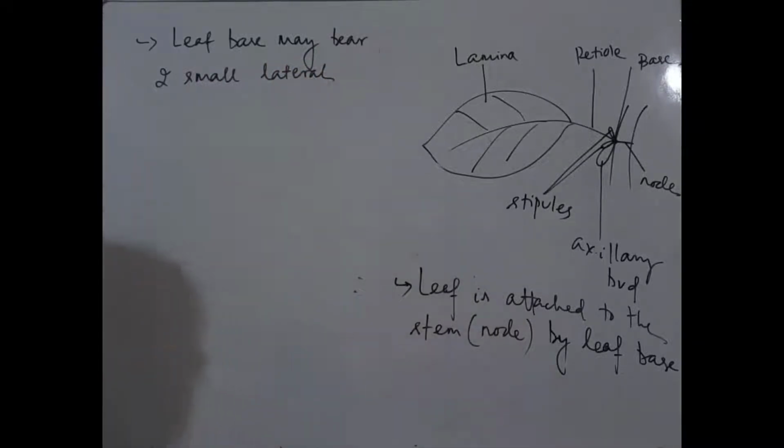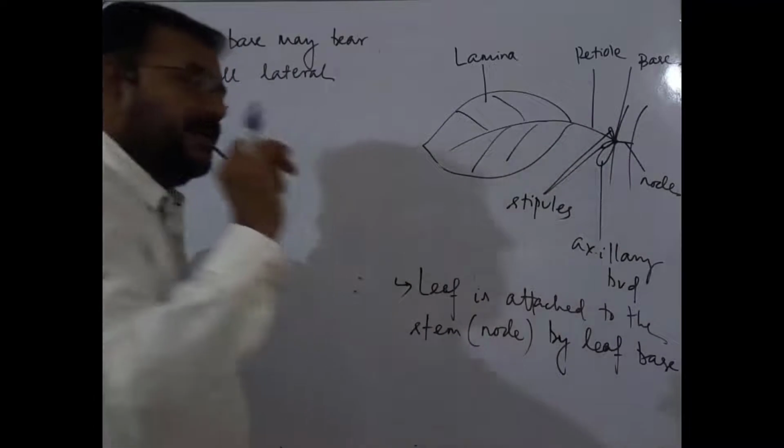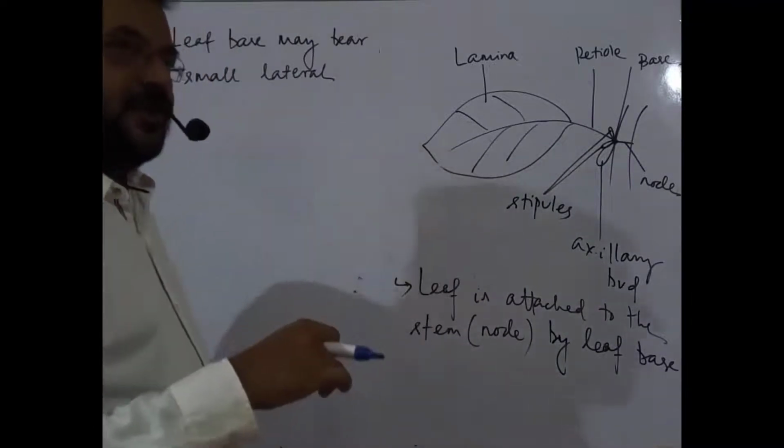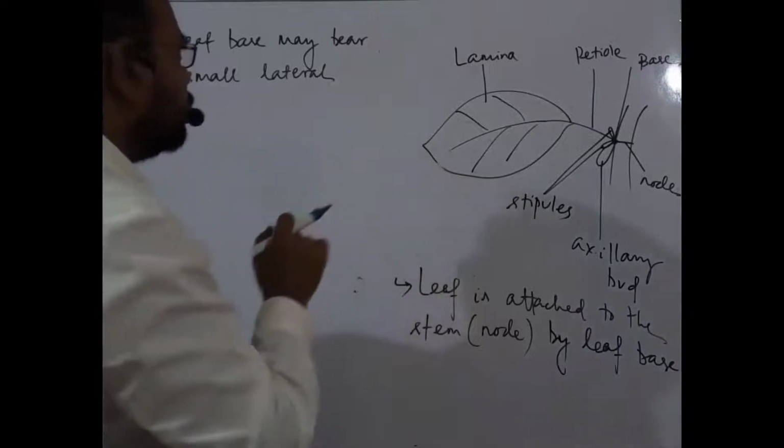Leaf base may bear two small lateral leaf-like structures. ये भी लीफ जैसा है, ये भी ग्रीन कलर है. सो लीफ जैसा स्ट्रक्चर है, लेकिन इतना बड़ा नहीं है, छोटा है, लेकिन ग्रीन स्ट्रक्चर.